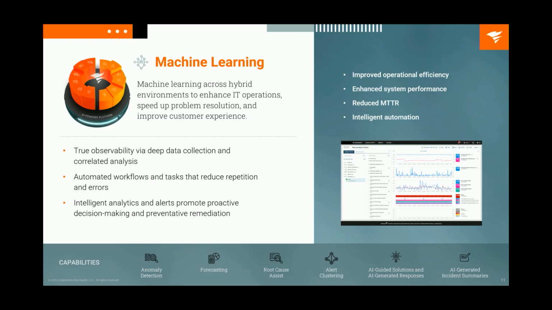We want to improve our operational efficiency, our system performance, and reduce the MTTR. Machine learning is going to tie that information together. We're going to be able to automate our workflows so that as things happen, it's going to happen automatically. If we can remove the human intervention, it's going to help us out. It doesn't mean the human's going away. It means there are certain workflows that we can trust the system to handle ourselves.